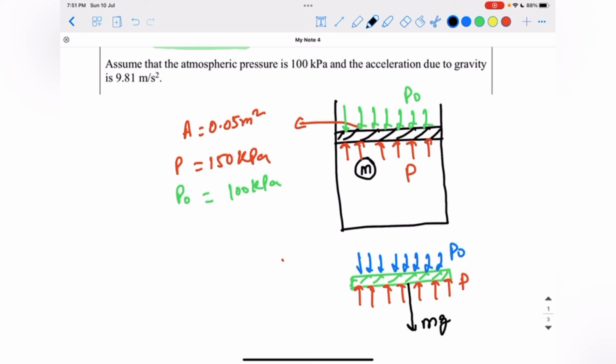Just apply the force balance. The force due to pressure is given by PA, so I can write P naught A plus mg is equal to PA.